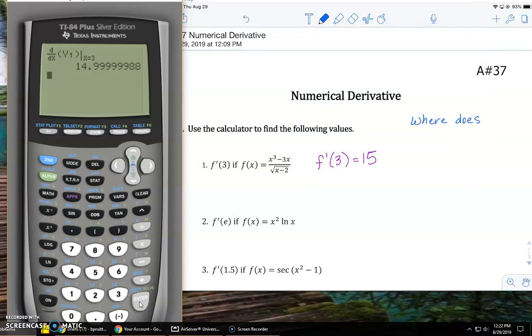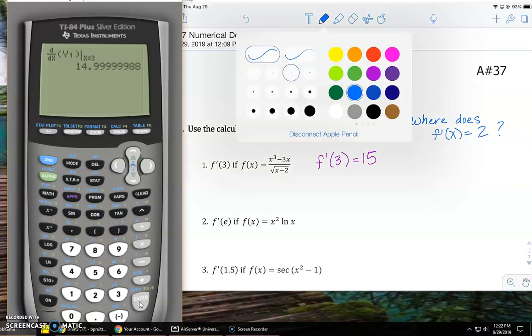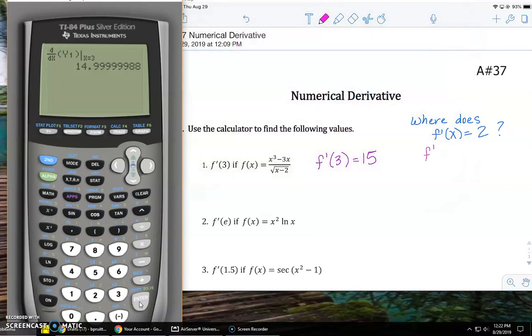Where does f prime of x equal 2? Again, I don't want to have to find that. Here's what I would need to write on my paper. Literally, if this were on AP, this is the amount of work I would show.